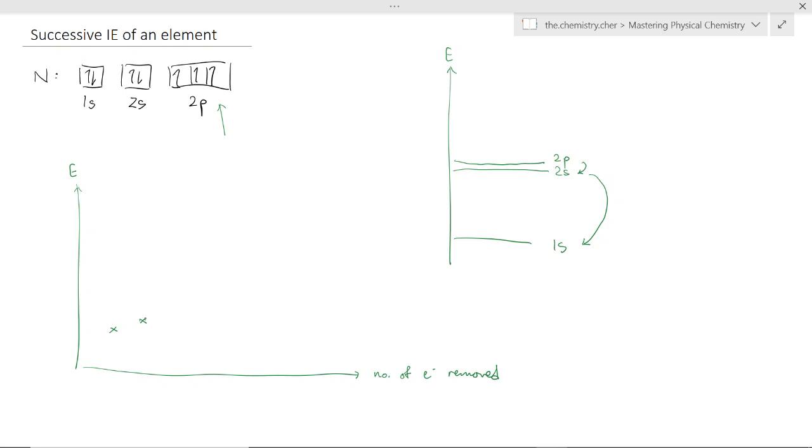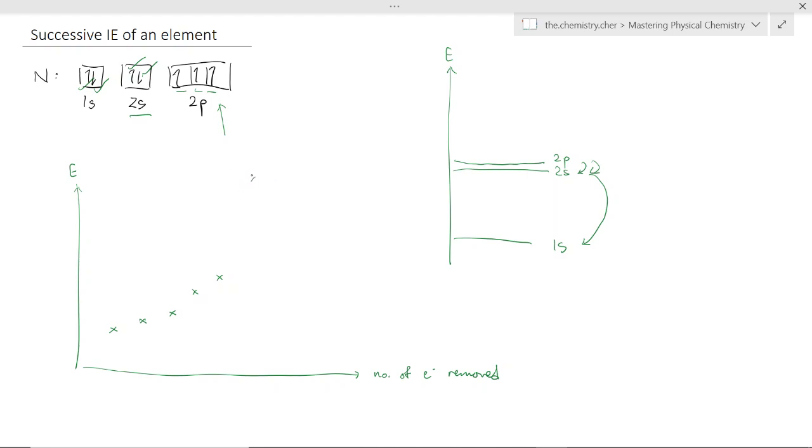Then I will have the third one, to remove all three of the 2p electrons. Next, I'm going to go to 2s. From 2p to 2s, there's a small jump. So I will do a small jump over here, and then for the next one there isn't a jump at all because I'm still at the 2s. Finally, when it goes to 1s, it's a big jump, and then after that it increases again.